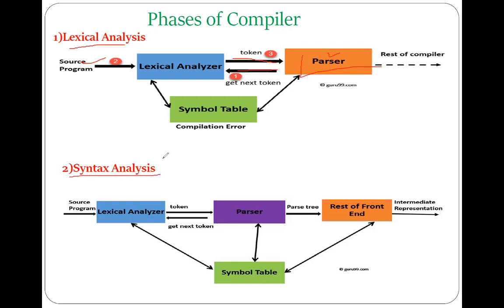Then syntax analysis we have also discussed. Syntax analysis takes the tokens from the lexical analyzer, and while doing this, the phases also refer to one data structure, the symbol table. Symbol table generation starts during the lexical analysis phase, and in the next phases of the compiler, each phase adds different information in this symbol table.